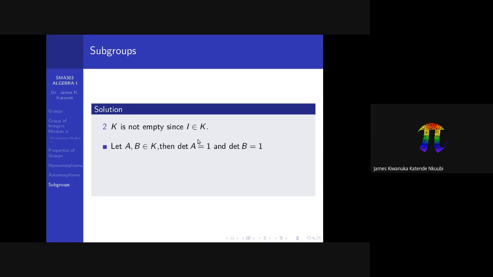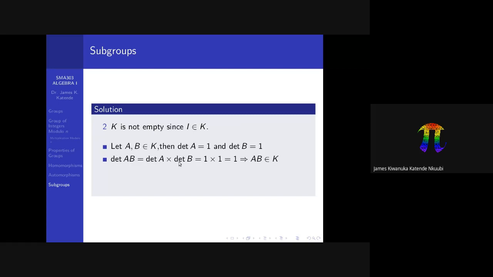So what we need to do is to prove closure again. If we pick any two matrices in the set, then they will both have determinant 1 by definition. So we need to check that the product of the two matrices will also have determinant 1, and then that will prove closure. So let's check what happens to the determinant of the product of the two matrices.